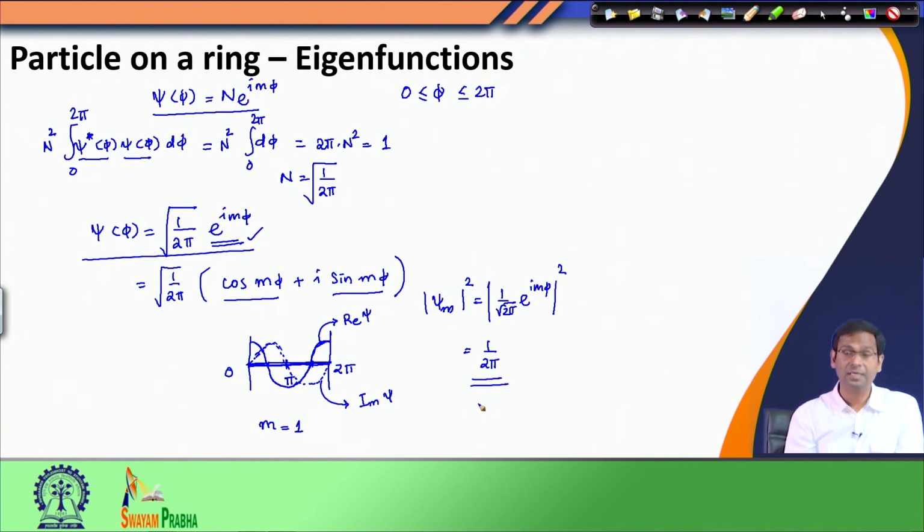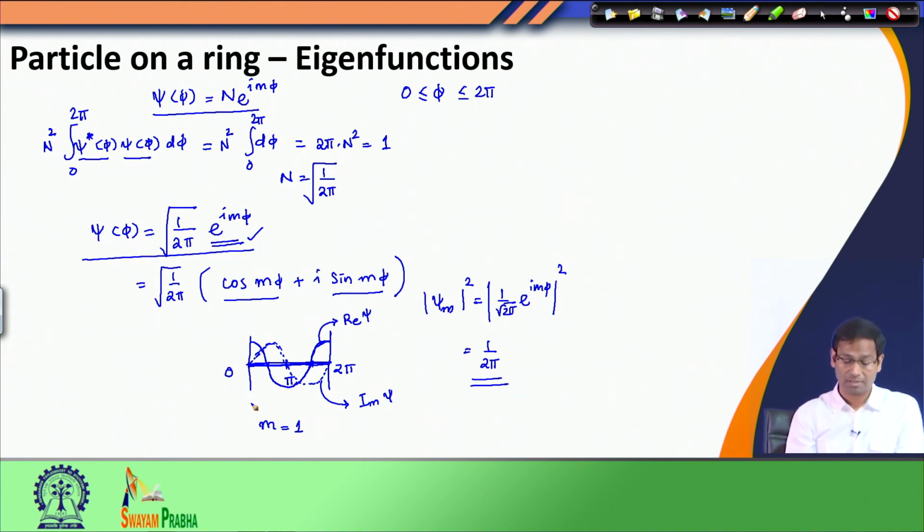That means the probability density of the wave function does not depend on the angular coordinate phi, it simply remains constant throughout the region. This is an important point.